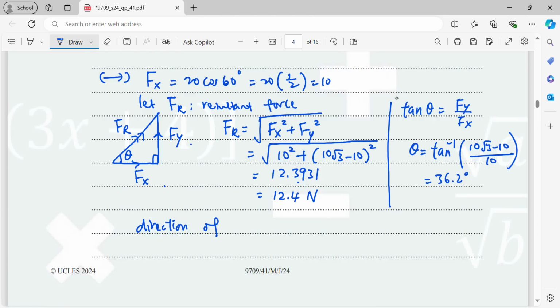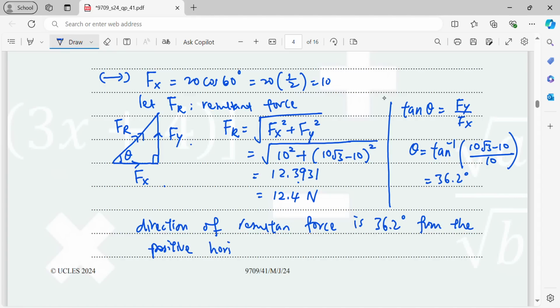The direction of the resultant force is 36.2 degrees from the positive Fx, or from the positive horizontal line.